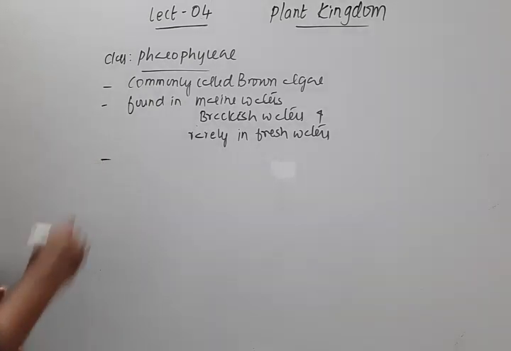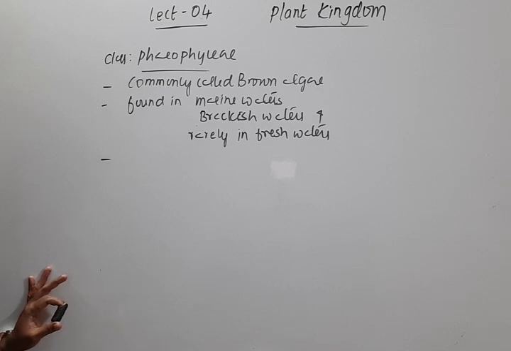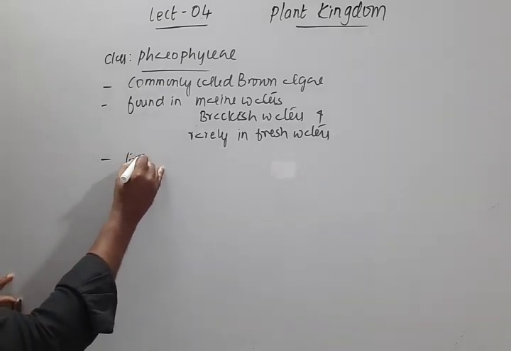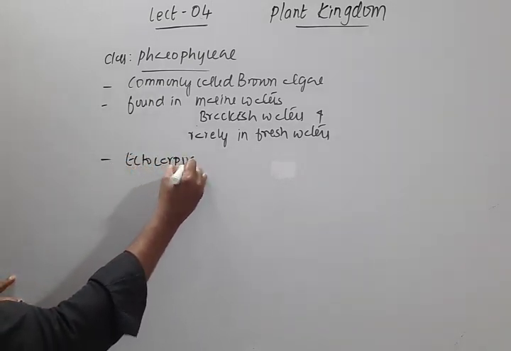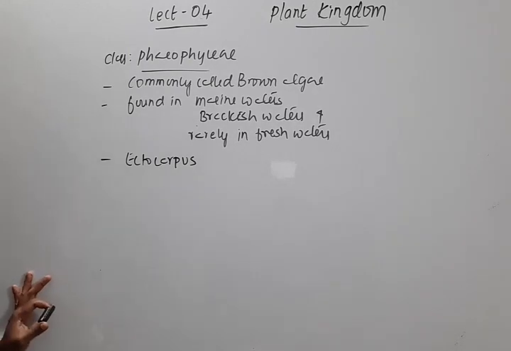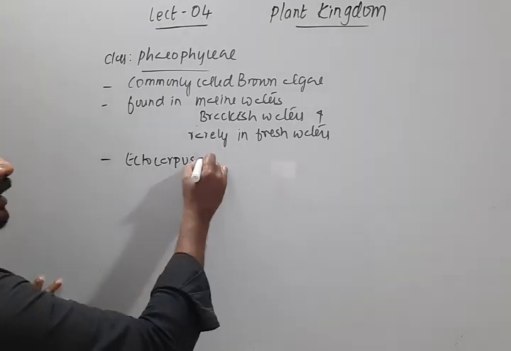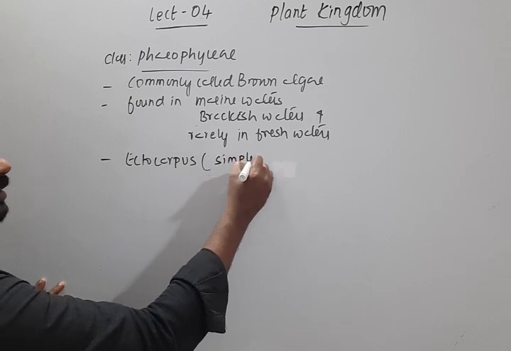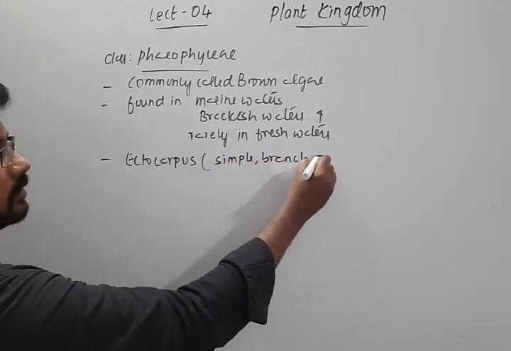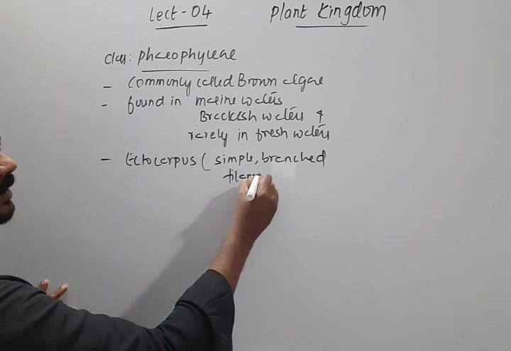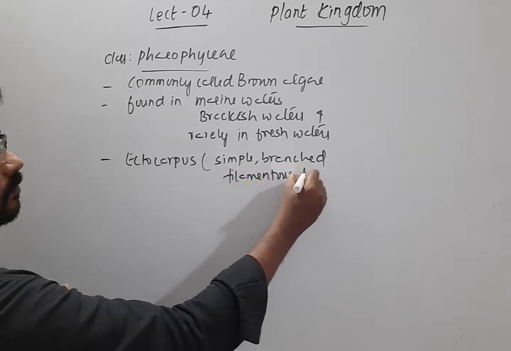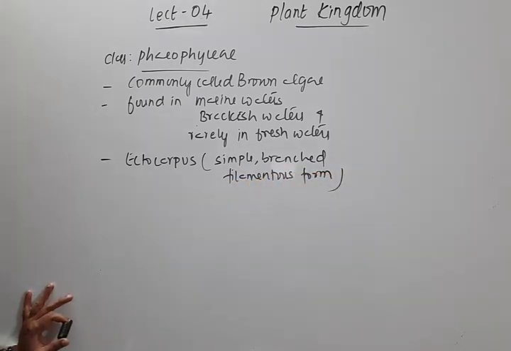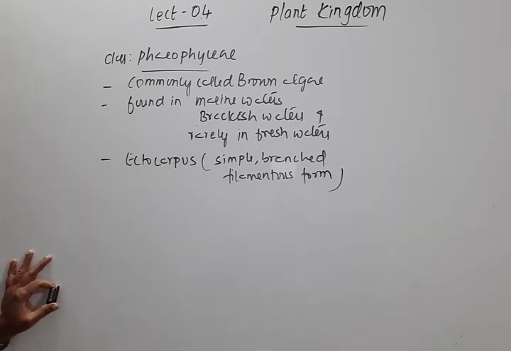They range from filamentous forms like Ectocarpus, which is a simple branched filamentous form, to very big plants called kelps.